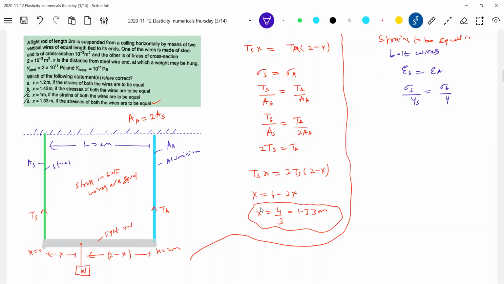Stress in A by Young's modulus in this one. We know Young's modulus of the brass. It is given, not aluminum. I'll change the symbol. I thought it was aluminum, but it is brass. That's only the suffix I'm changing.